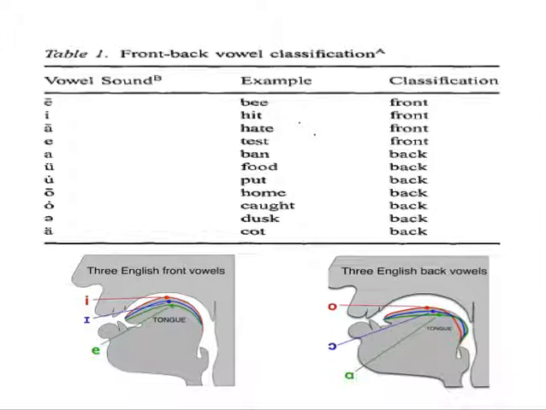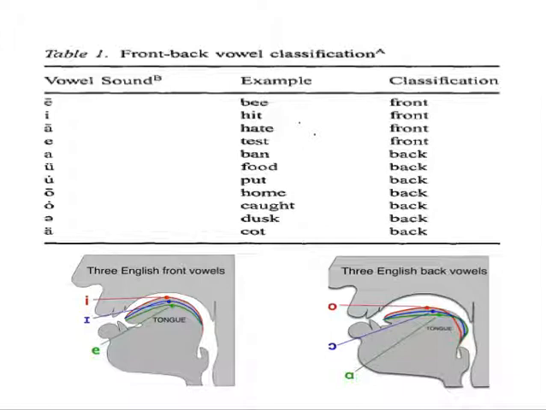If you want to get the feel for why we make this distinction between vowel sounds that seem to be made in the front of the mouth and vowel sounds in the back of the mouth, you can say the word hate and then say the word hat.